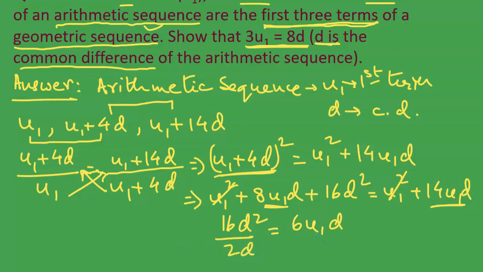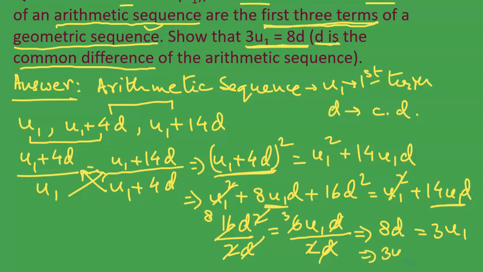we get 8 and this is 3 and these two get cancelled, and it is 8d on the left hand side is equal to 3u1, which is obviously equal to 3u1 equal to 8d.